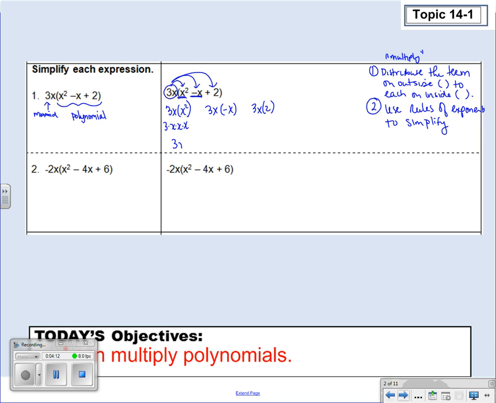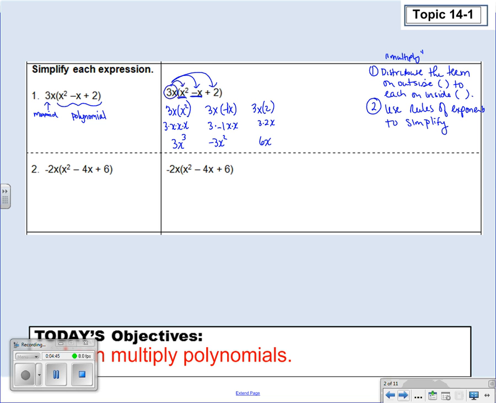That's going to give us 3 and then x cubed. From our second term we multiplied, we have a 3. There's a -1. If there's not a number shown in front of the variable, we know it's a 1, but this time it's a -1. So it's 3 times -1, and then x times x. So this becomes a -3x squared. And then last, again, just rewriting 3 times 2, and then the x, so this is 6x.